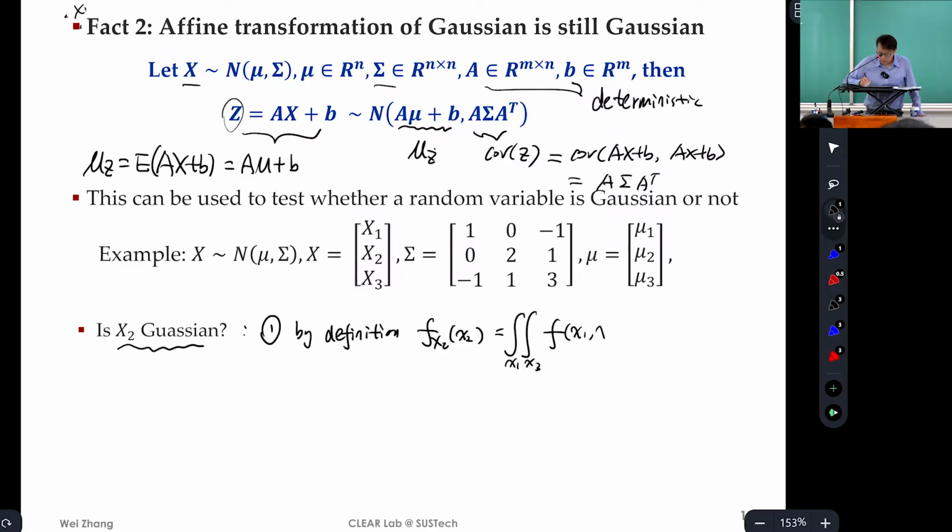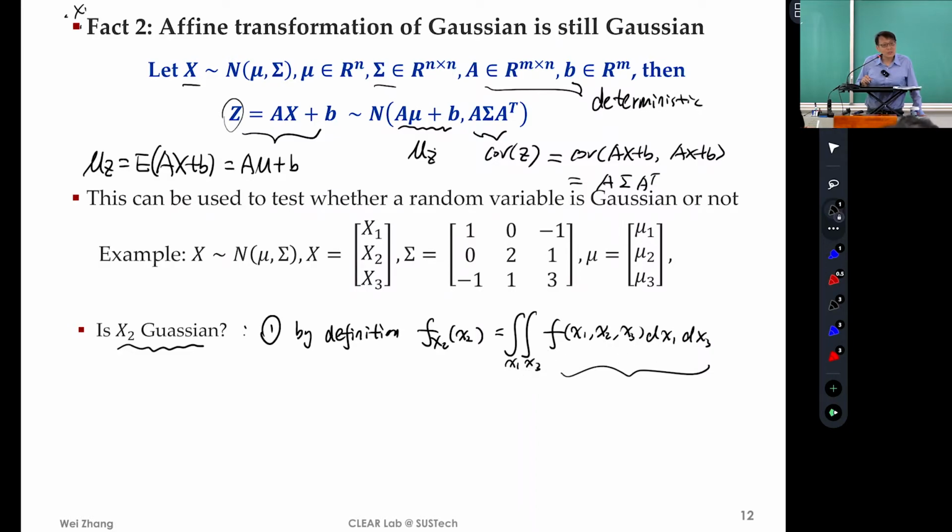That is, integrate over X1, X2, X3, dx1 and dx3. That will give me the marginal for X2. If I were good enough in calculus to work it out, which I'm not, I forgot quite a bit about those multivariable calculus formulas.